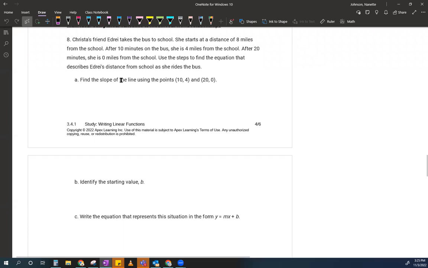Use the steps to find the equation that describes Idre's distance from the school as she rides the bus. So find the slope of the line using this. This is not something new. You can do this part, right? So go ahead and pause and find the slope, and then find the b, and then write your equation, and then come back here when you're ready to check your answer.